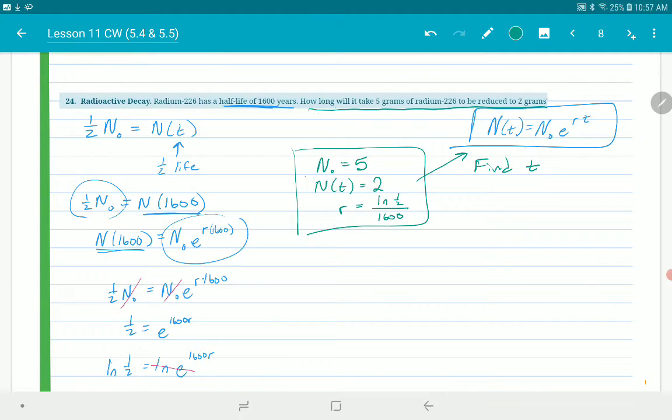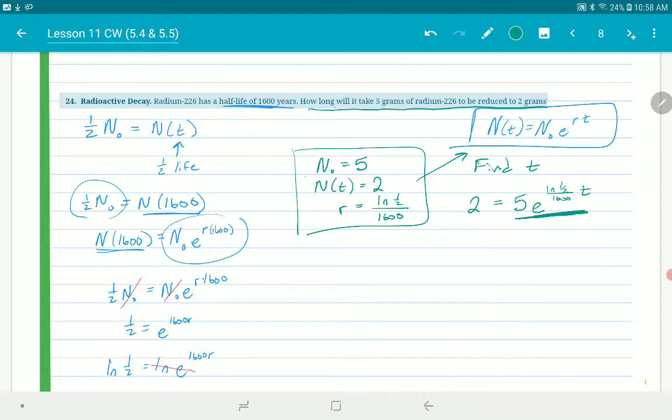So our n of t is 2. The initial amount is 5. r is the natural log of 1/2 divided by 1,600. And we have to find t. To solve for t, where the variable is an exponent, the first step is to get that exponential section alone.